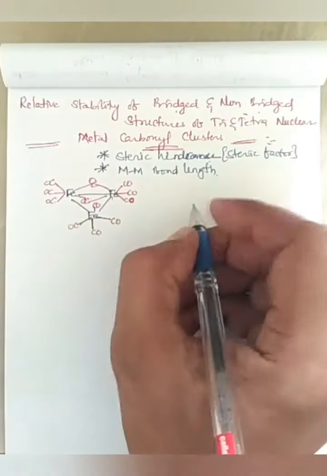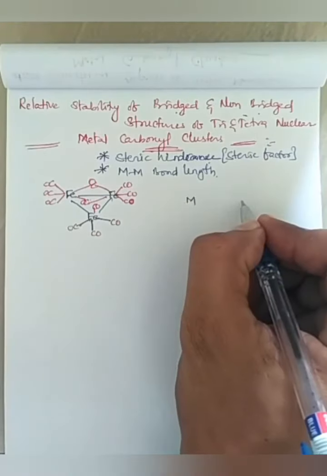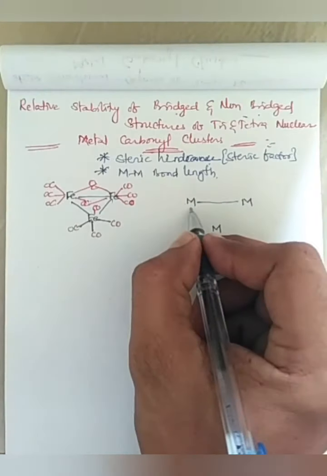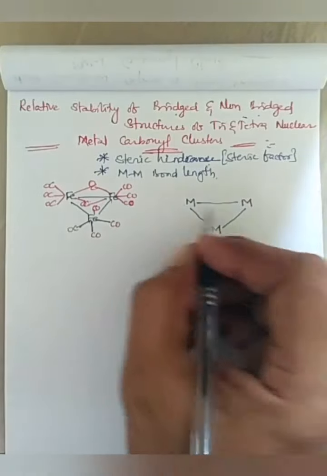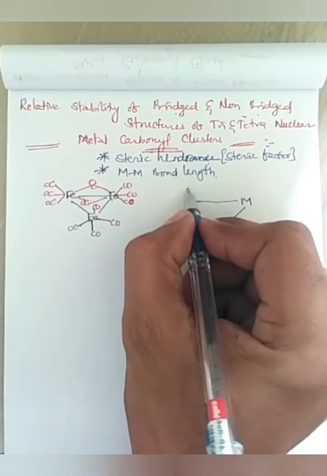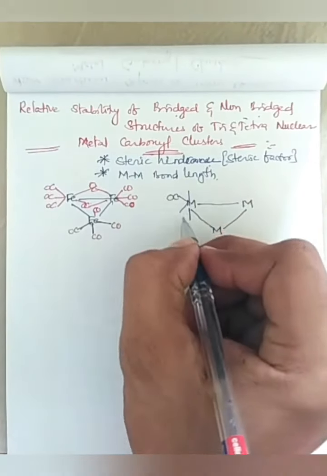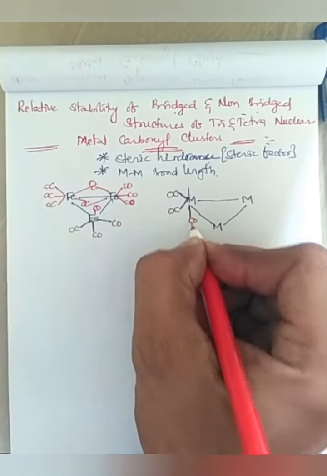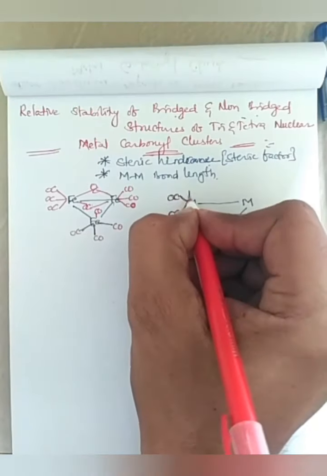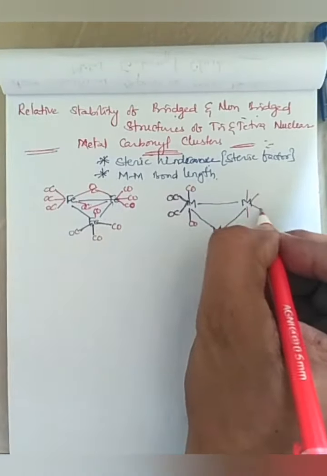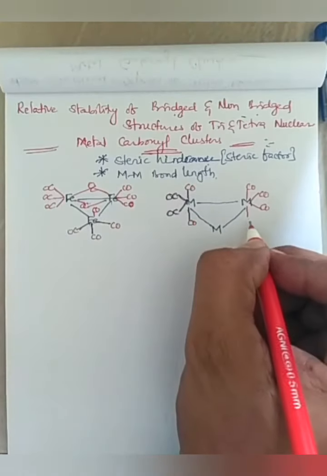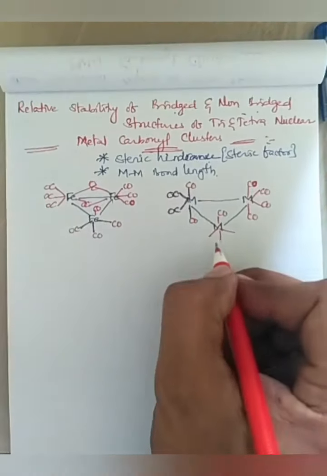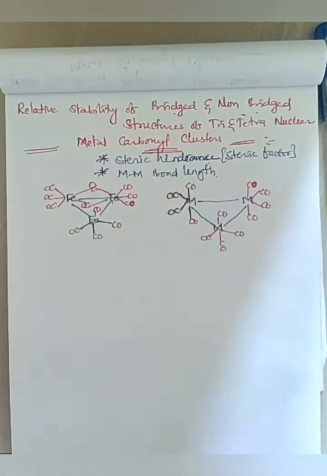Where the ruthenium, osmium or mixed metal trinuclear metal carbonyl clusters have a non-bridged structure, which means all the 12 carbonyls will be in terminal mode of bonding, right.